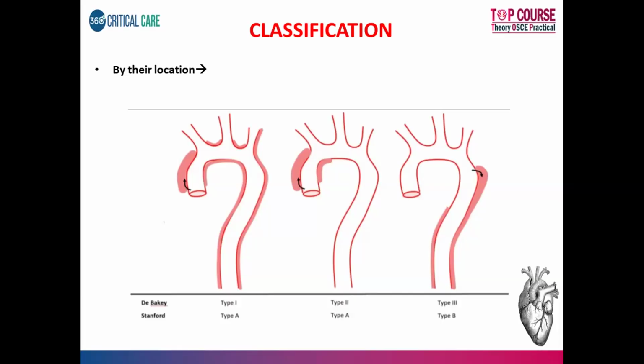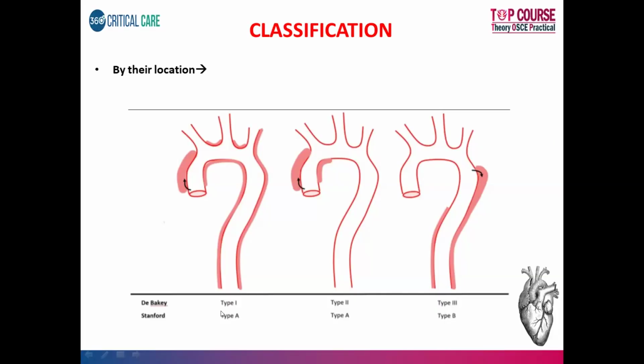So DeBakey type 1 is basically involving the ascending aorta, the arch of aorta, and also it can involve the descending aorta. Whereas in type 2, it involves only the ascending aorta, but not the arch nor the descending aorta. In type 3, it basically involves the descending aorta and arises after the left subclavian artery.